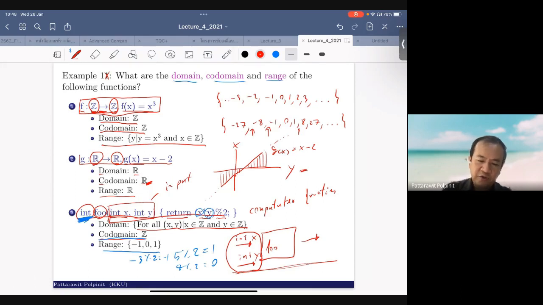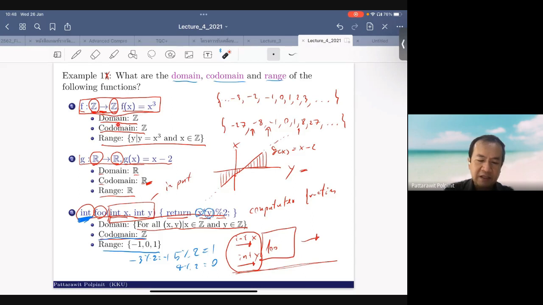Usually when you are given a definition of a function, for example this one, f is a function from the set of integers to the set of integers, f of x is equal to x to the power of 3. In this definition, you can clearly see what the domain is, what the codomain is, and what the range is.